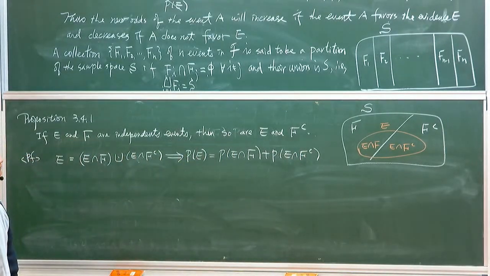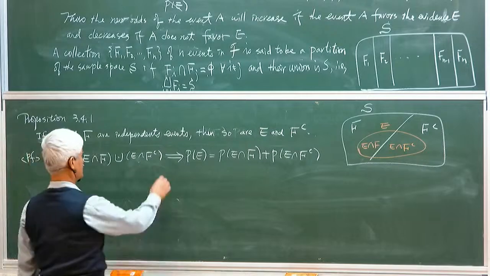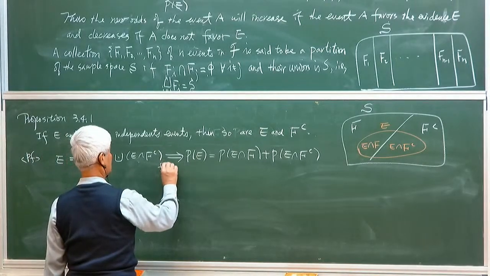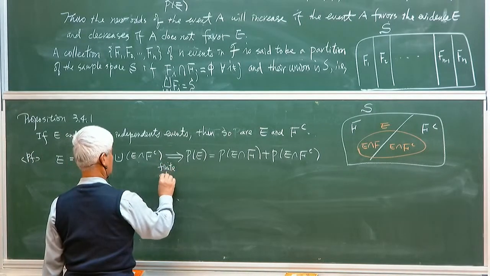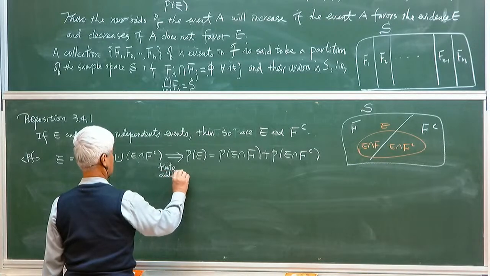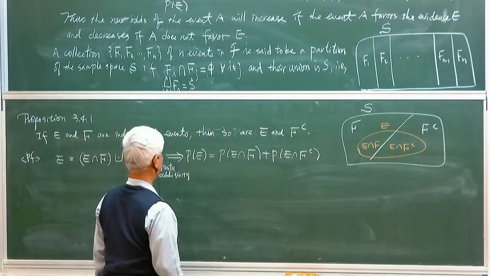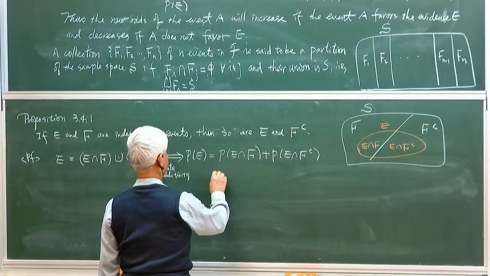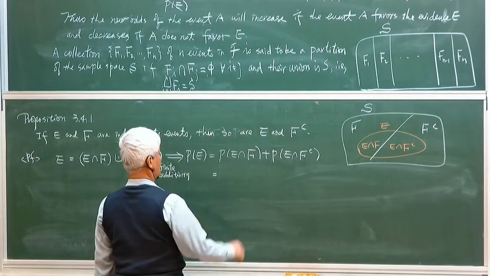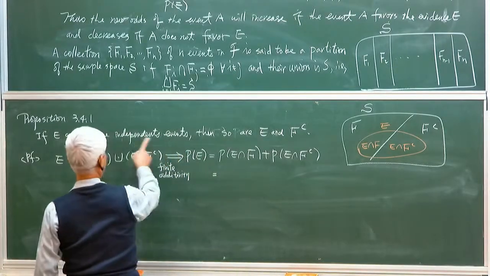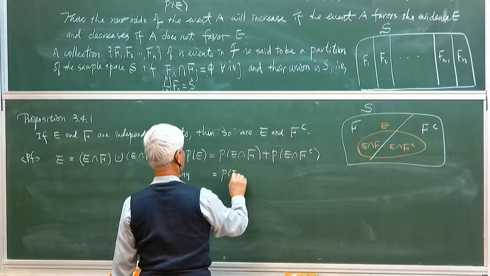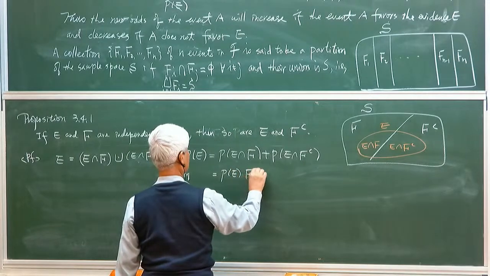So this is from the finite additivity. Now, because E and F are independent, this is PE times PF.